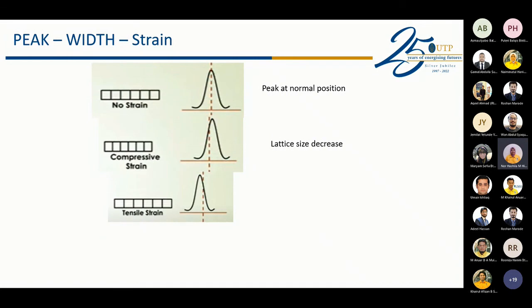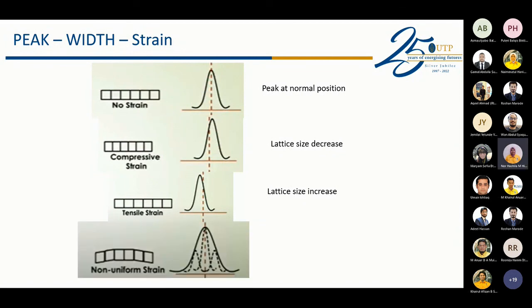If we expand the material, since D is inversely related to the theta position, the lattice size increases. And if we have non-uniform strain, the peak gets broader. So these two, strain and crystallite size, really have an effect on the peak width.